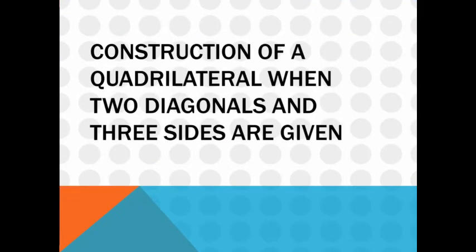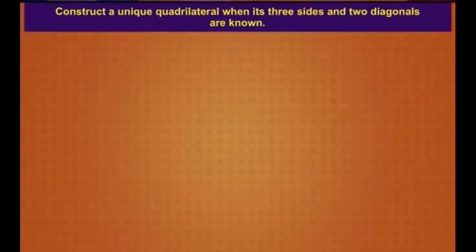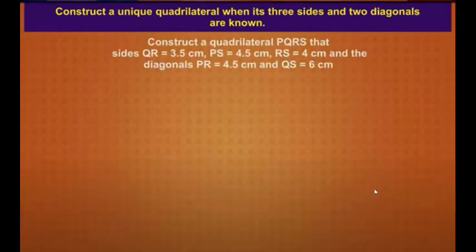Now we will see how we can construct a quadrilateral when two diagonals and three sides are known to us. Let us construct a quadrilateral when its three sides and two diagonals are known. Let's take an example.